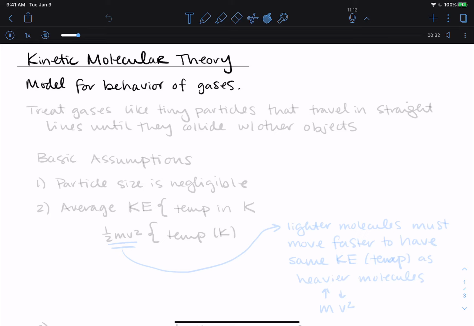So when we are looking at how gases behave, we treat gases like tiny particles that travel in straight lines until they collide with other objects.